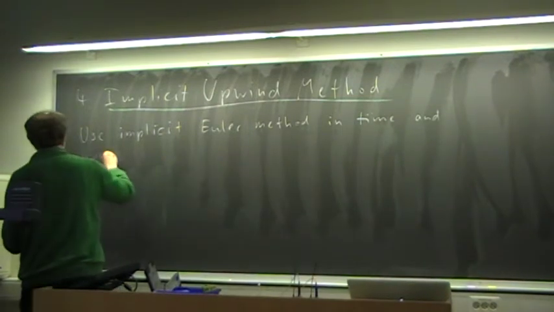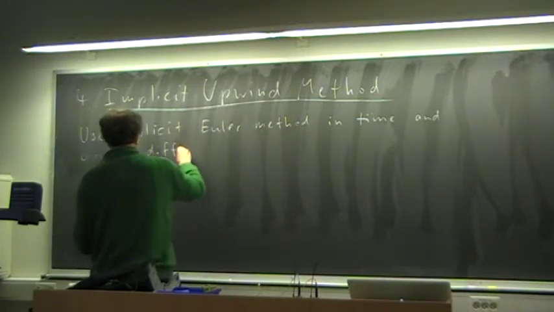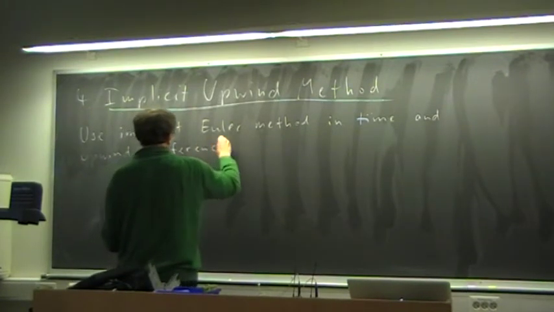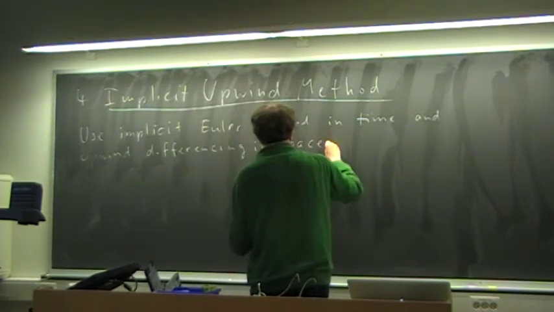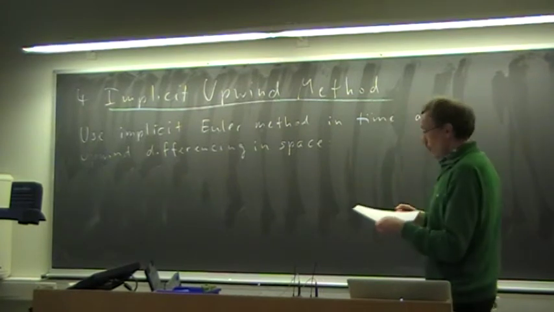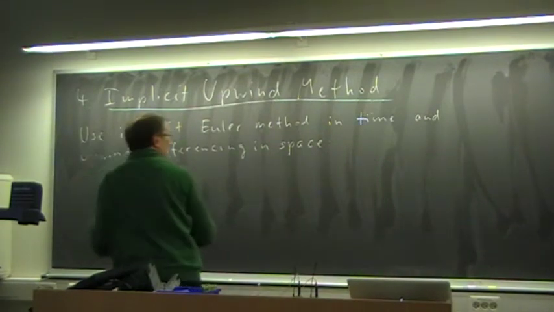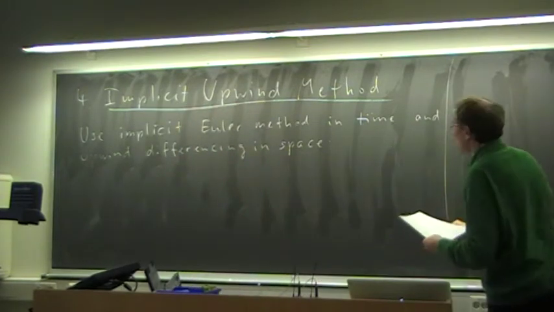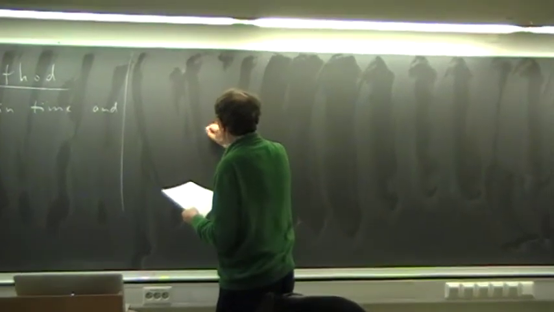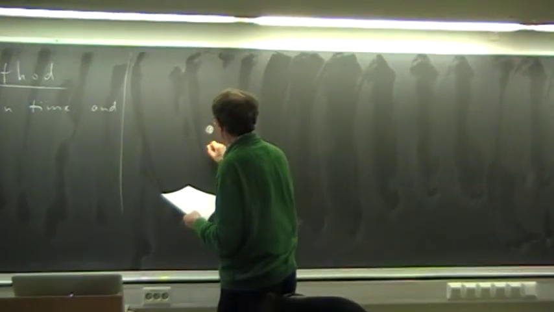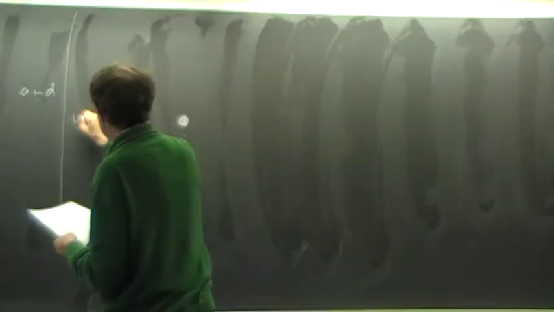We use the same upwind difference in space as we did for the explicit method. We start again with the values at a grid point j, xj, and the time level n.